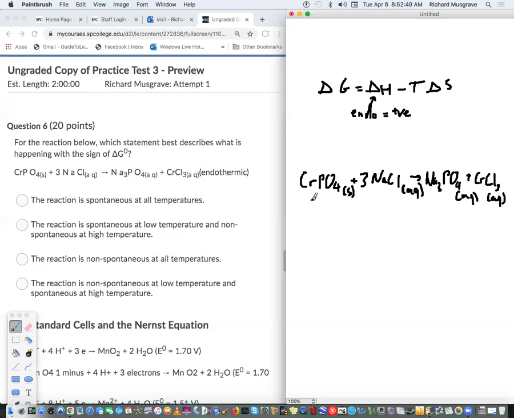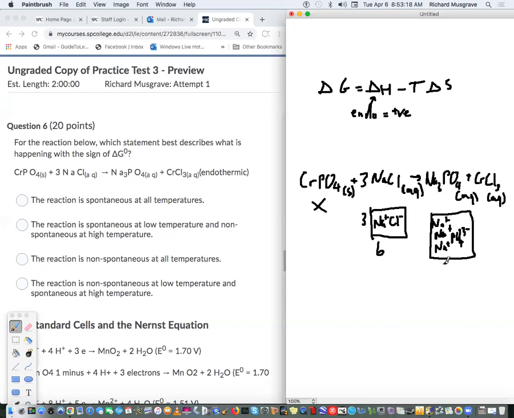So the solids we just ignore, and the 3 NaCl, what I would do is I treat that as 3 boxes containing Na plus and Cl minus, which is a total of 6. The Na3PO4 is 1 box containing 3 Na pluses and a PO4 3 minus.